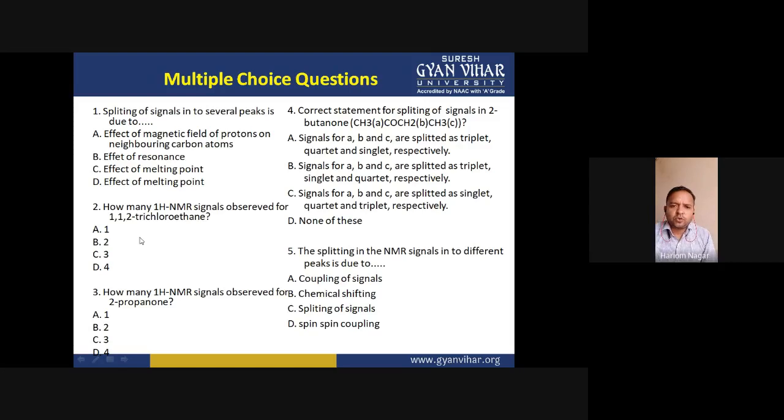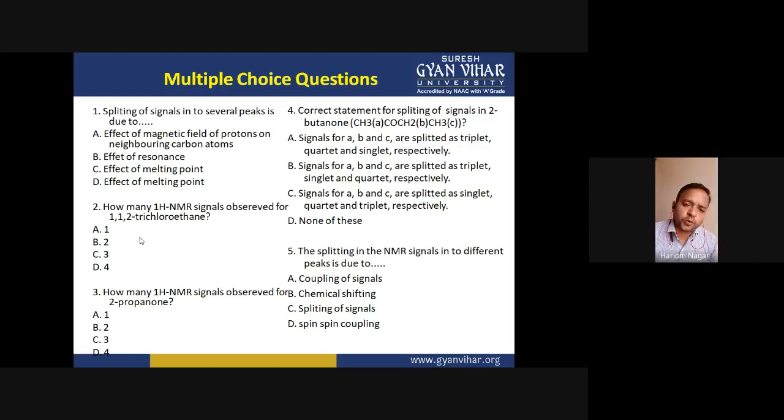Now question number 2, how many 1H NMR signals are observed for 1,1,2-trichloroethane? Actually 1,1,2-trichloroethane has two types of protons, and the number of signals appearing for a compound depends on the types of protons.